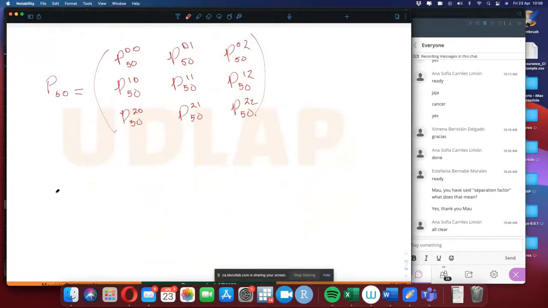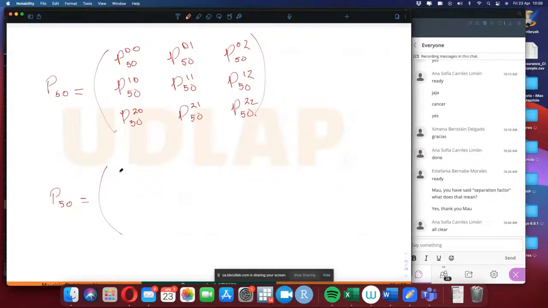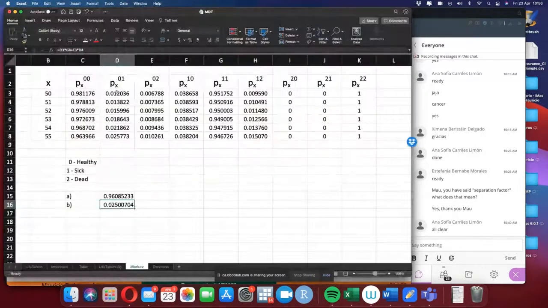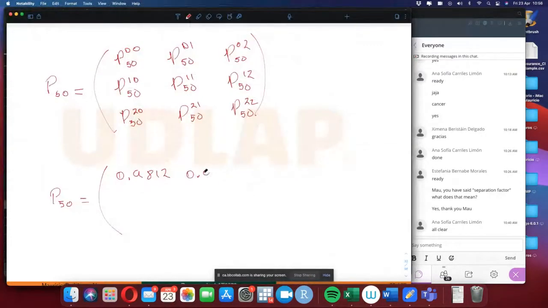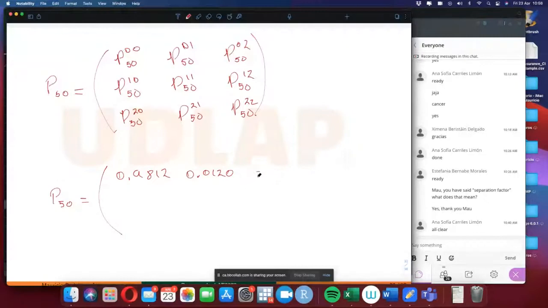And let's just write the values for this. Okay. So 0 to 0 is 0.98. It's going to round to 12. 0 to 1, 0.012. Okay. And 0.068.